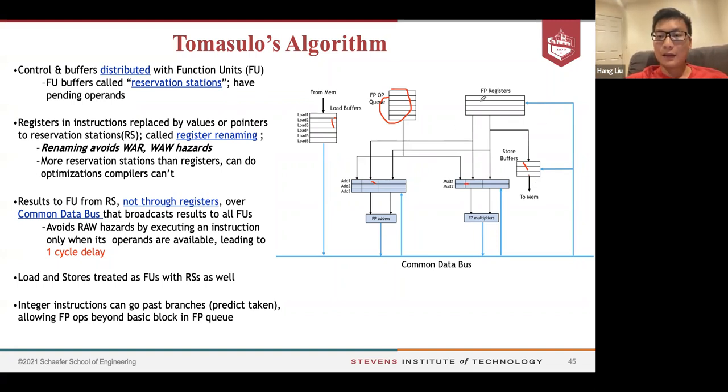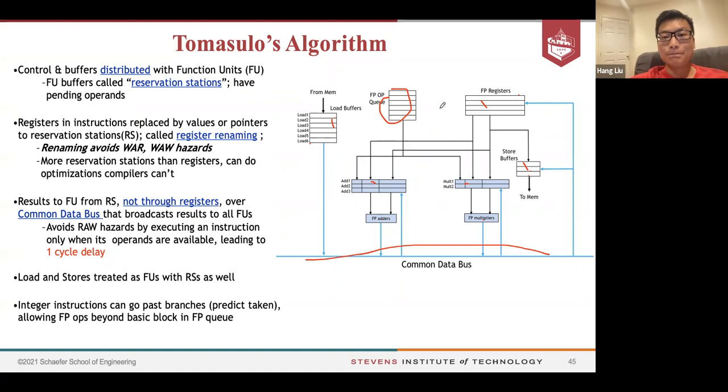And then they can also go to registers. Once finished, it uses the common data bus to communicate across the loader, adder, multiplier, memory, and floating point registers.